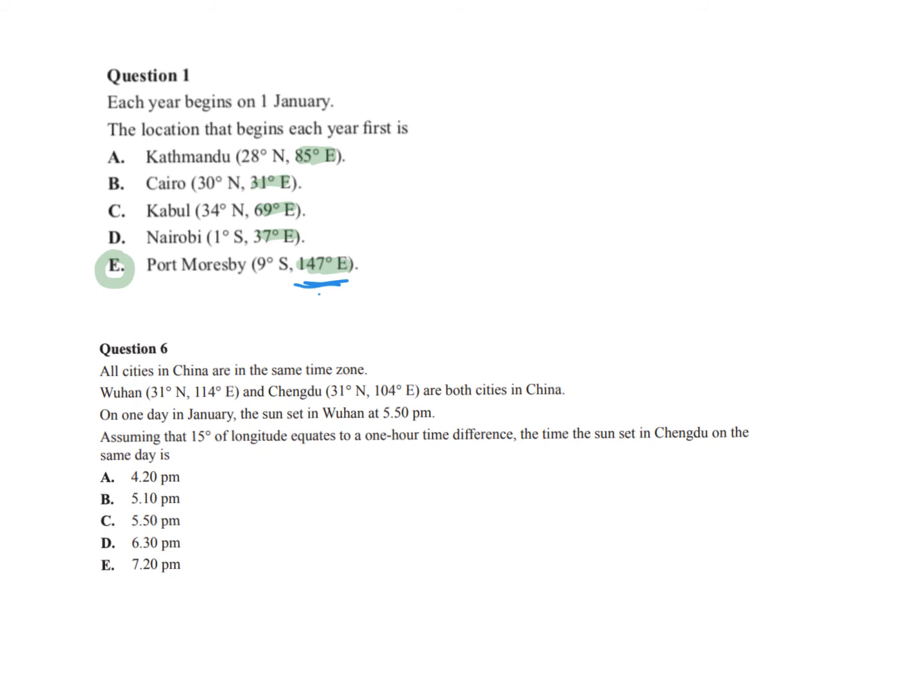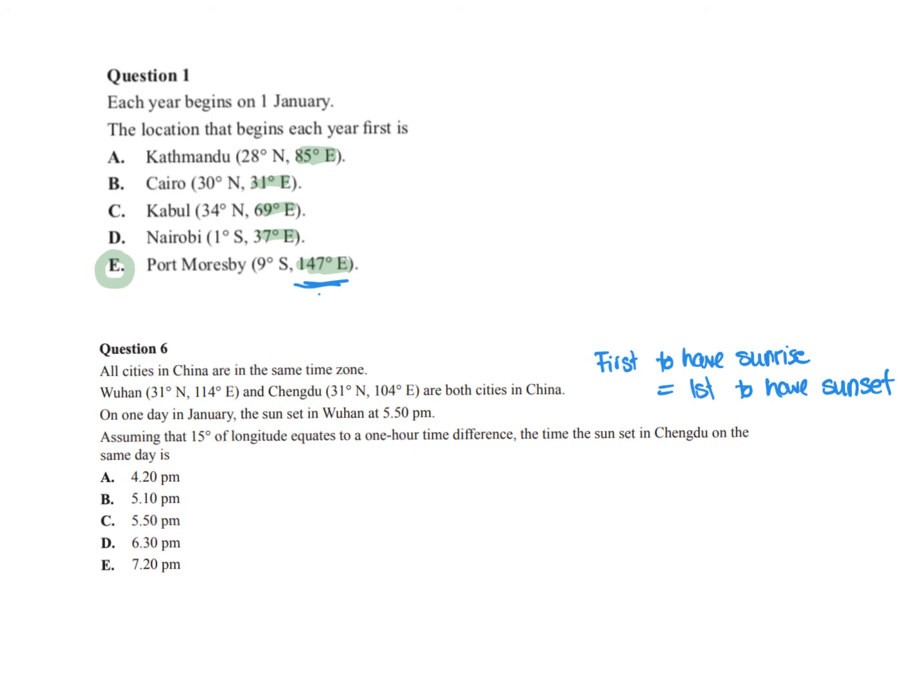So if you're talking about sunset, the first to have sunrise will still be the first to have sunset. Okay, so if it comes up first, then it's going to set first as well.